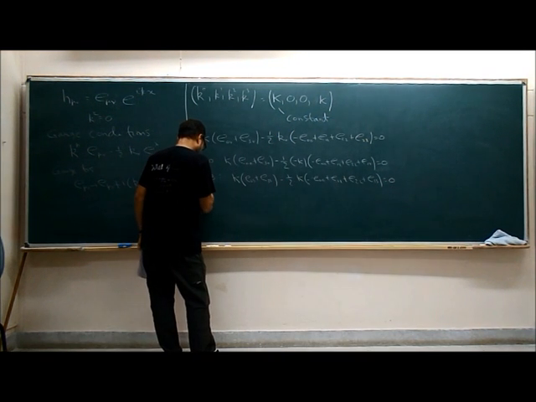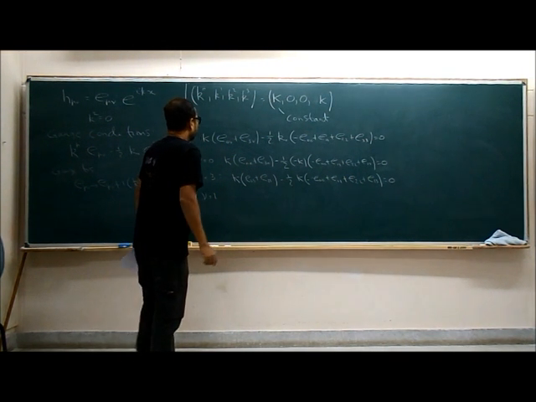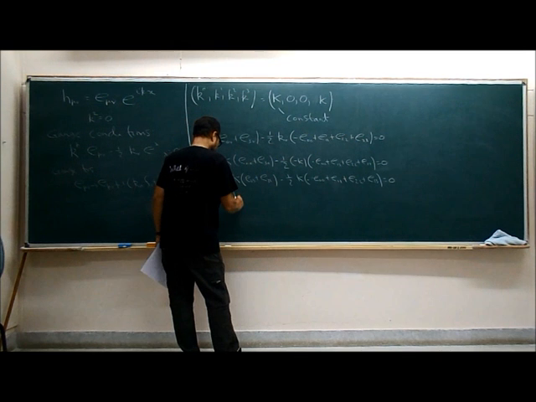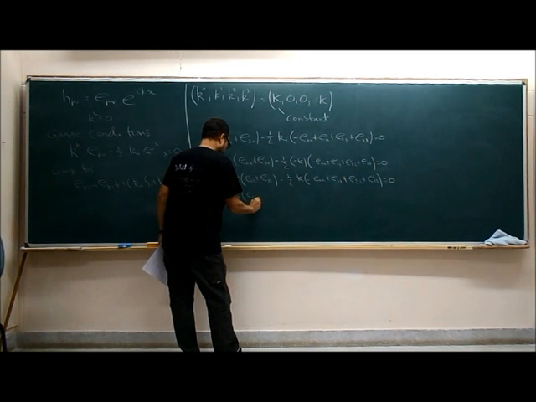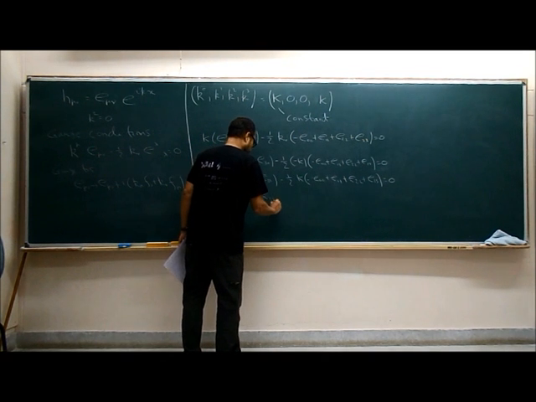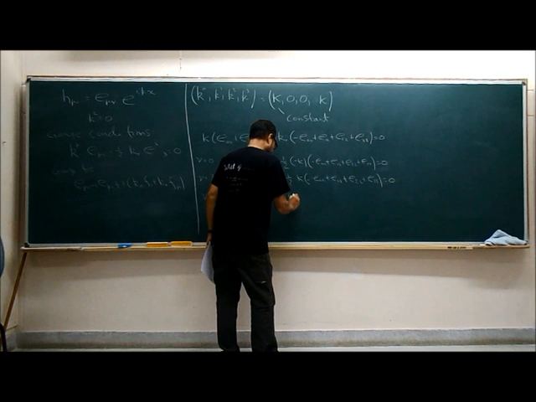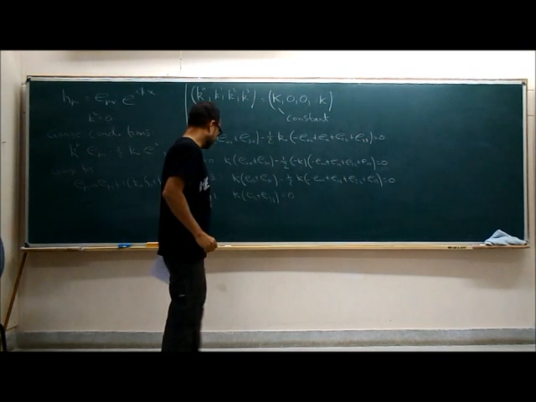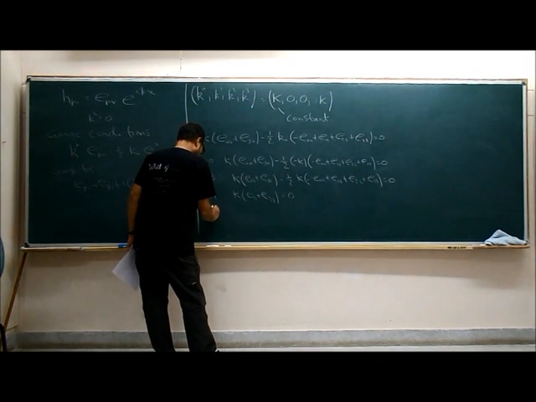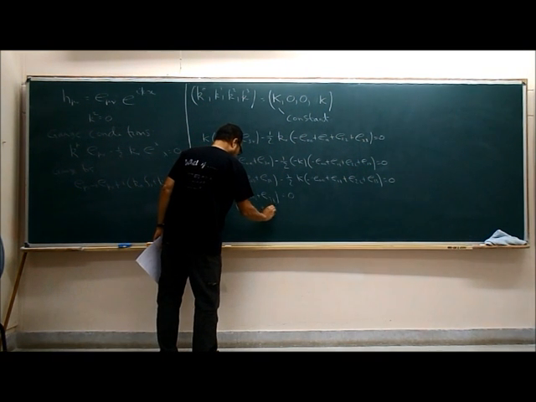Mu equal to 1 will give you k times E01 plus E31 equal to 0. Then because k1 is 0, mu equal to 2 will similarly give you k times E02 plus E32.